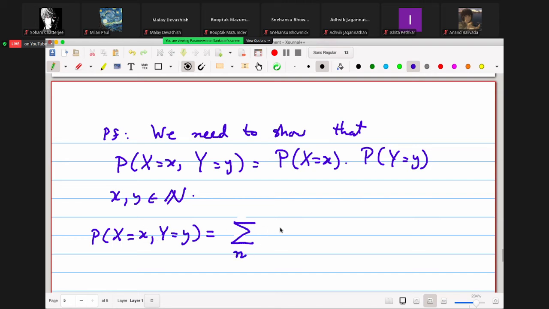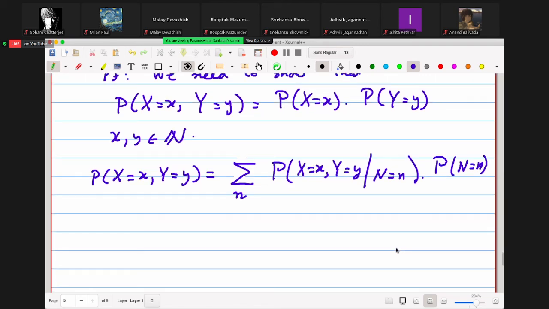Directly it is difficult to compute this, so you apply the formula: P of X equals x, Y equals y, given that N equals n, times the probability that N equals n. Of course, this is 0 except when n equals x plus y. So the summation goes away in the next step. In any case, it is always good to write the formula down, irrespective of what x and y are.